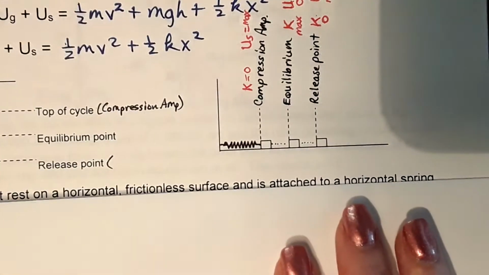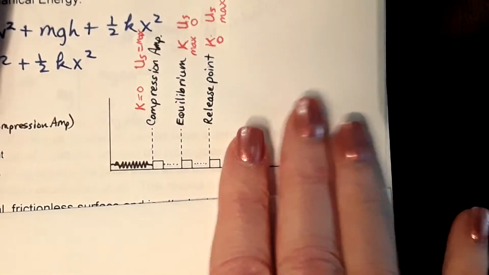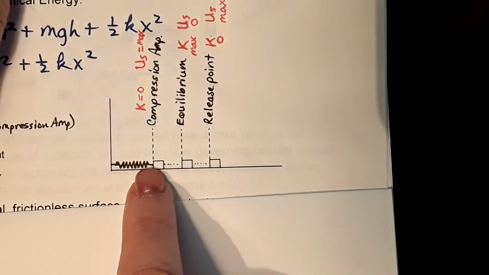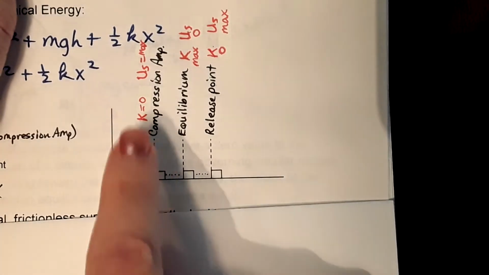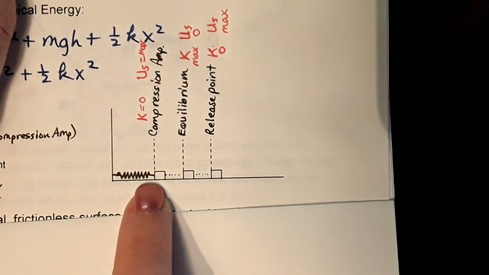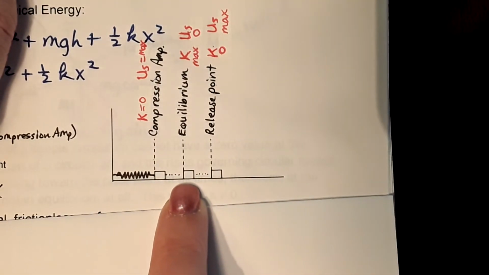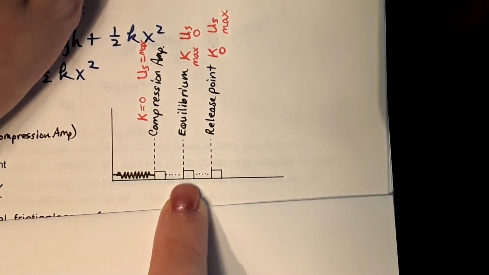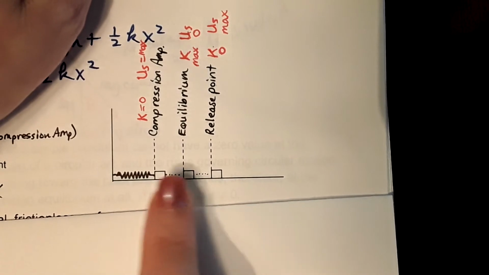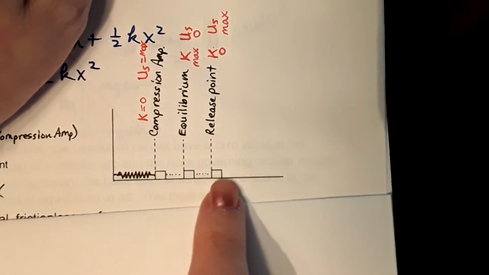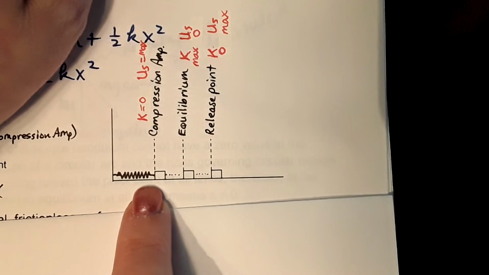Here is a picture of a horizontal mass on a spring. And it's showing right here that you can have kinetic energy in the center, where the mass is moving at its maximum velocity, but you wouldn't have kinetic energy where it stopped to change direction.